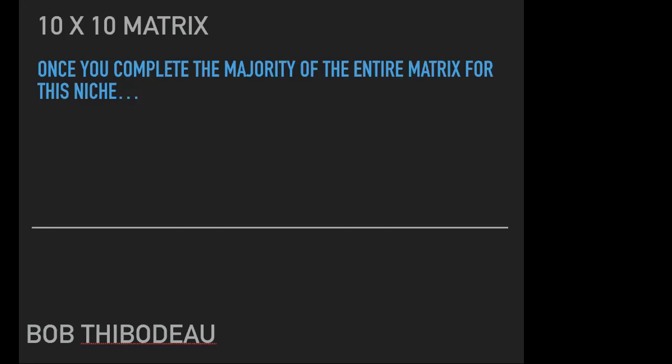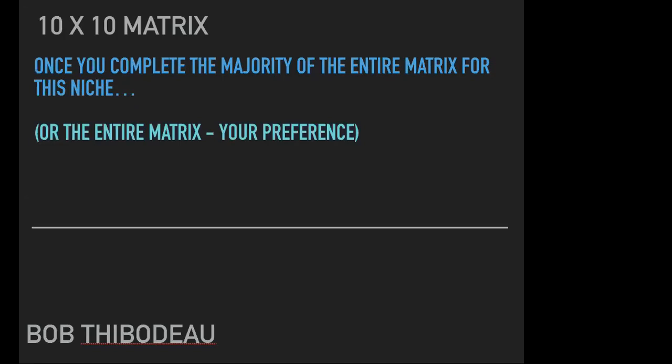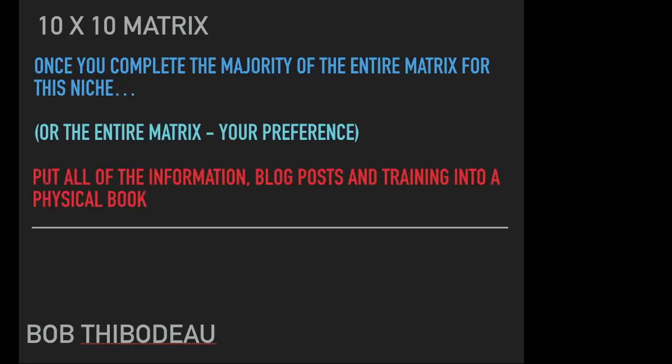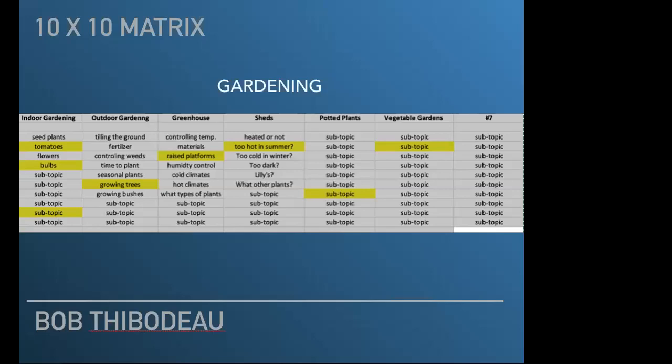Like I said, it doesn't have to be 10. But once you complete the majority of the entire matrix for that particular niche, put all of the information, blog posts and training into a physical book. Now you've got a massive book, several chapters, and that can be offered for sale as well.